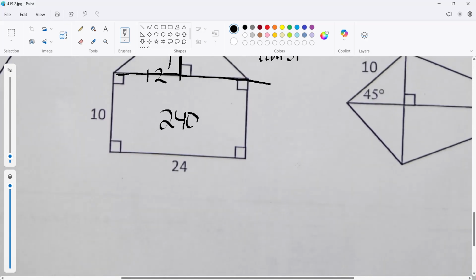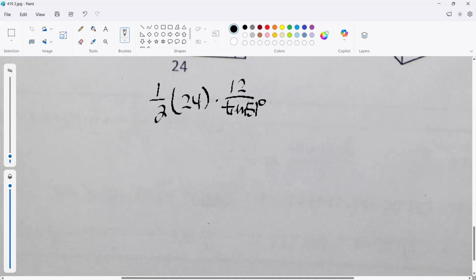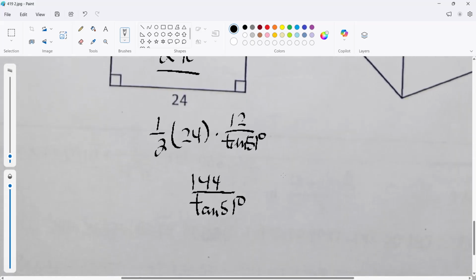So for the triangle, I know it's 240 plus 1/2 times 24 times 12 over tangent 51 degrees. And 1/2 of 24 is 12. 12 times 12 is 144 over tangent 51 degrees. That's the area of the triangle plus 240, which is the area of the rectangle.